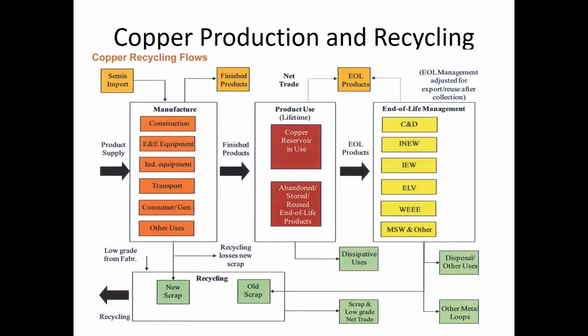And you'll note that there are end-of-life products boxes, and you can go back and forth and around with this diagram. This diagram was developed by the International Copper Study Group and shows a general overall picture of what happens to copper and points out that it is highly recyclable.